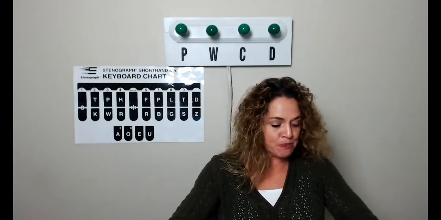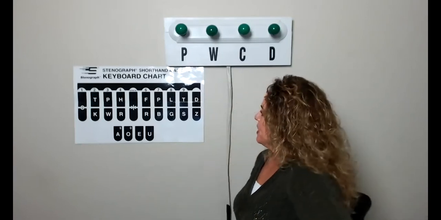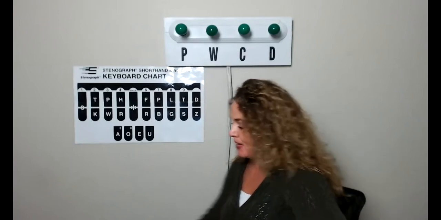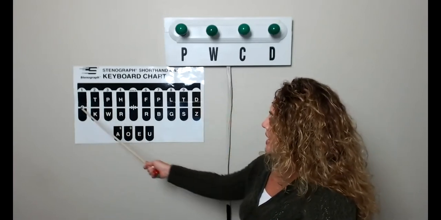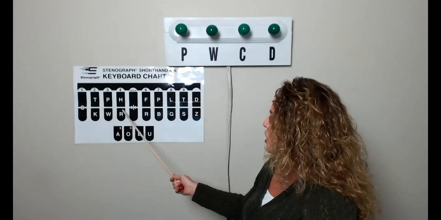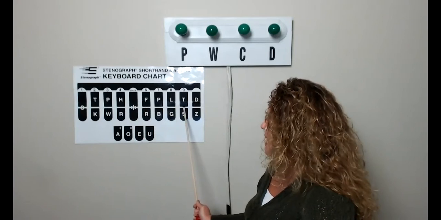Now we're going to move right into our Q&A, which is our 4 voice. So let's do a little review. So far you've learned just the basic Q&A bank. The question bank is going to be the STK, PWHR, and our answer bank, EFR, PBLGTS.